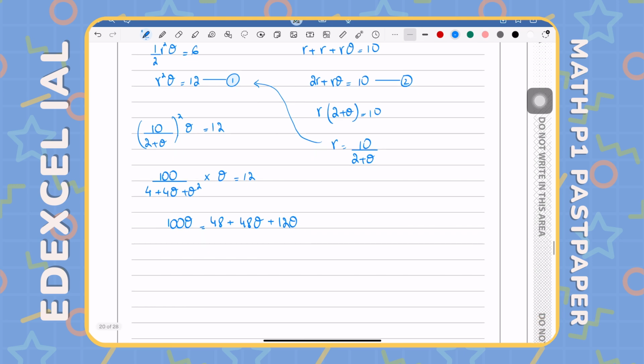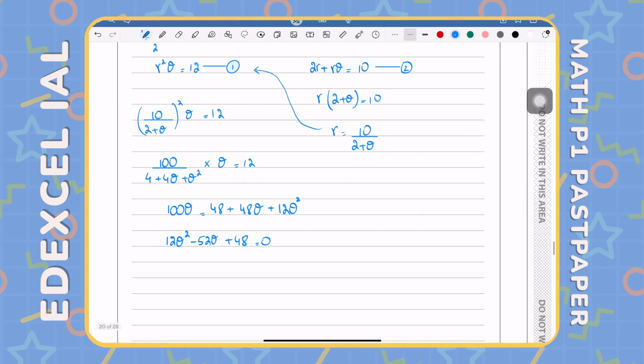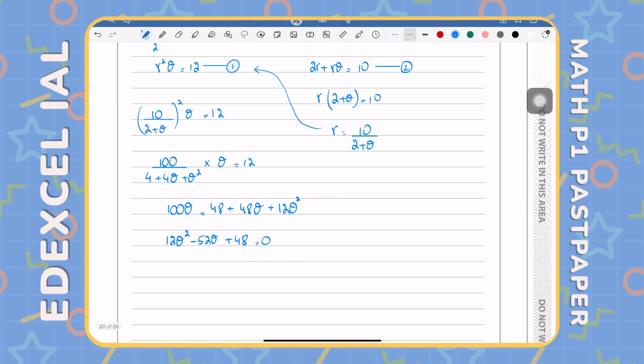Now let's move all the terms to the right hand side. So 12 theta square we leave as it is. 48 minus 100 is minus 52, and plus 48 as it is. Now this doesn't match with the equation that we're given, but that doesn't necessarily mean that we've done something wrong.